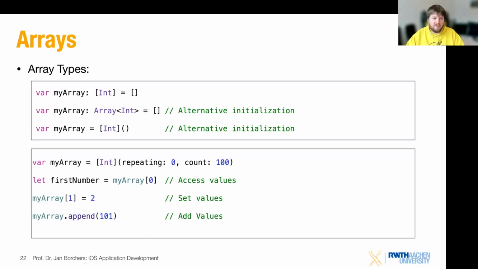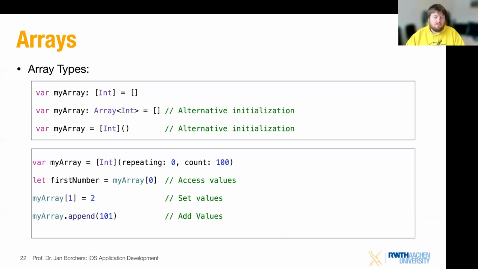Or you can also just have the integer and then the normal brackets that call the initializer and assign this to your variable, and then the compiler will also automatically infer, this is an integer array. So there are a number of different ways how you can initialize your arrays, and it doesn't really change anything whether you use one or the other.